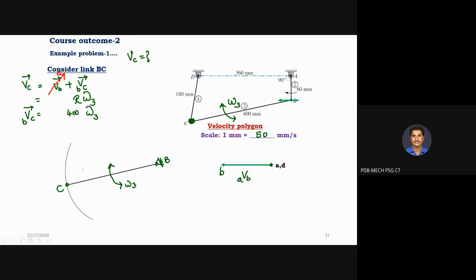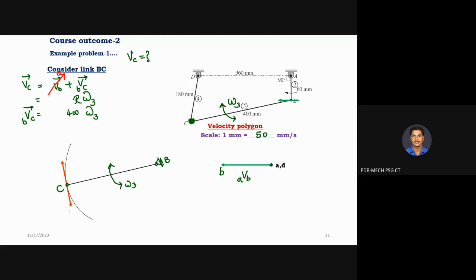You should not hesitate to tell the answer. Both directions. We don't know the direction, so for the time being we can mark it like this. It is perpendicular to the link BC. It will be perpendicular to BC, but we don't know whether it acts along this direction or this direction. So mark both directions for the time being.